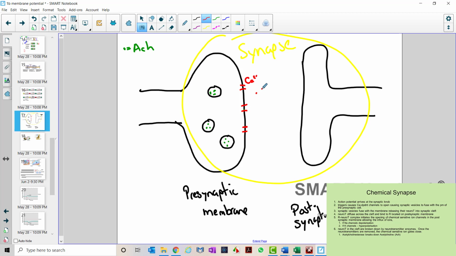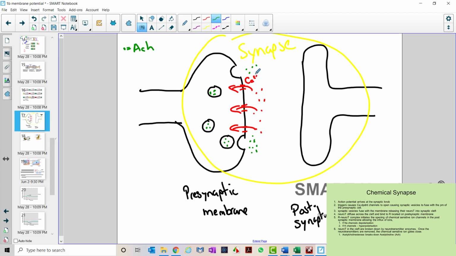So these calcium-dependent channels will open up because they become depolarized, and they will allow the influx of calcium. And then through a not very well-known mechanism, this incoming calcium will cause these vesicles to move. They'll migrate and they'll bind to the presynaptic membrane. And when they bind to the presynaptic membrane, they will release the neurotransmitter into the synaptic cleft.